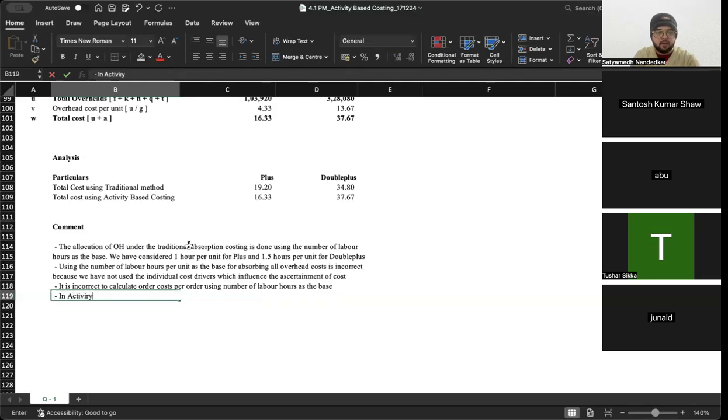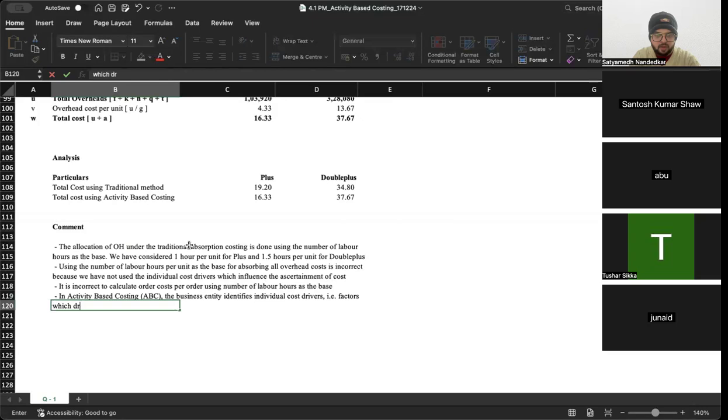In activity based costing, or ABC, the business entity identifies individual cost drivers, that is, factors which drive, control, or influence costs.